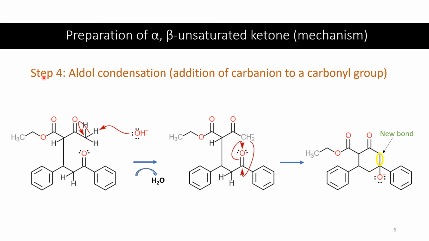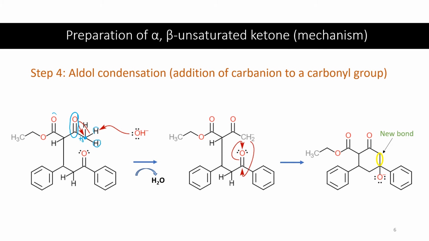Then the next step is an aldol condensation, which is the addition of a carbanion or nucleophile to a carbonyl group, but the special thing about this is it's going to be an intramolecular reaction. This carbon over here, which initially came from ethyl acetoacetate, is also very electrophilic due to its close proximity to these highly electronegative groups.